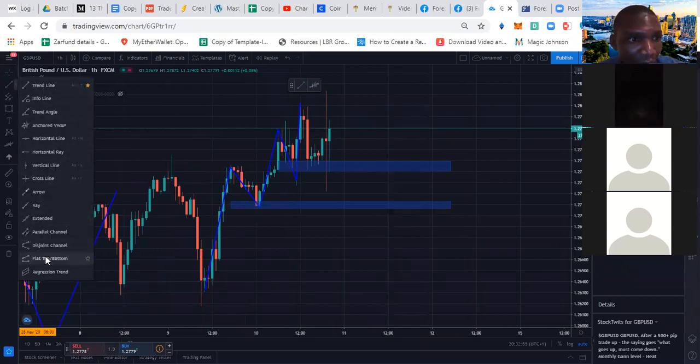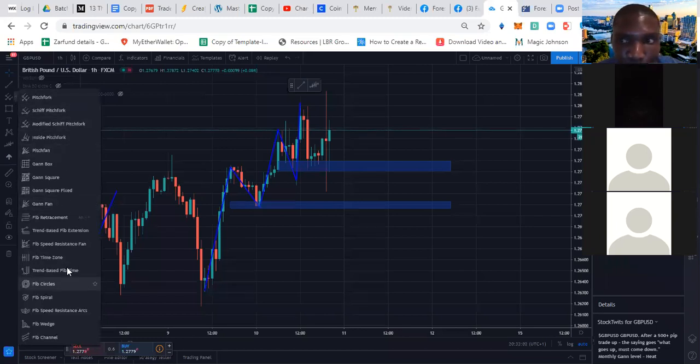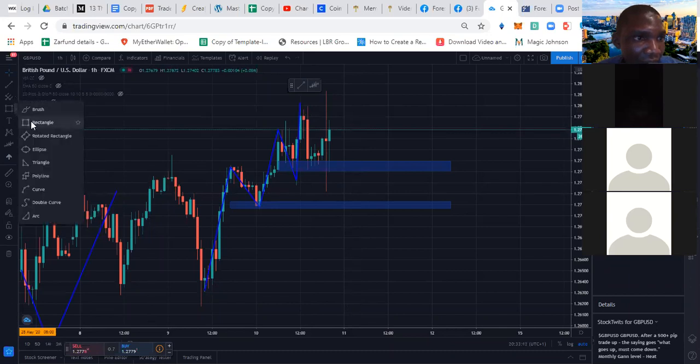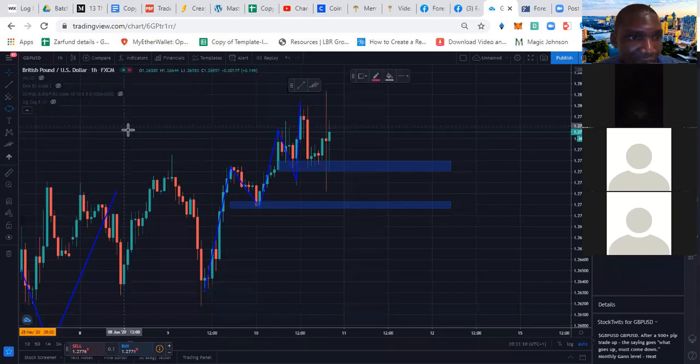They are all tools available on TradingView for you to use to mark up whatever you want to mark up. This blue strip I'm using now is from here. This is a rectangle that I'm using. This is an ellipse. If you pick this and you do this, it will spread out.